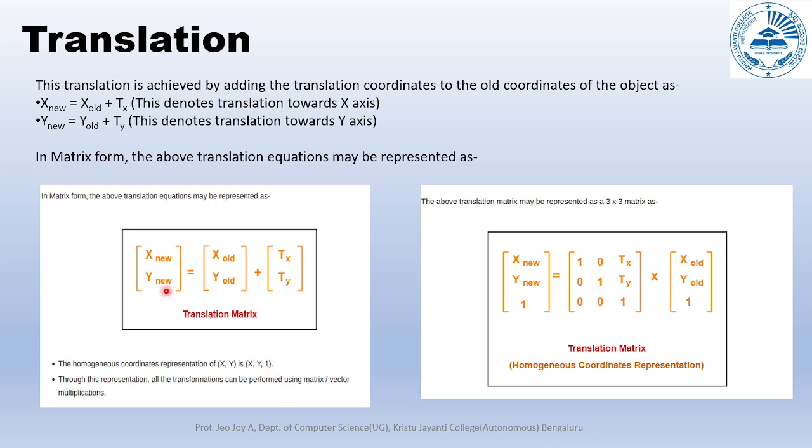Then translation can be represented in terms of matrix multiplication as given on the right-hand side. The column matrix becomes a 3 by 1 matrix with x new, y new and 1 as elements, and the translation matrix becomes a 3 by 3 matrix which is multiplied by a 3 by 1 matrix. Thus we can represent even translation in terms of matrix multiplication if we represent the Cartesian coordinate system in the homogeneous coordinate triplet.